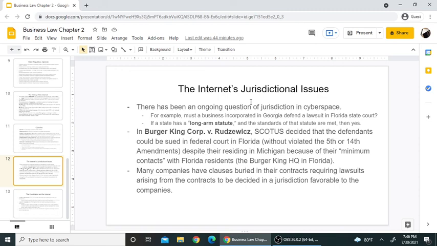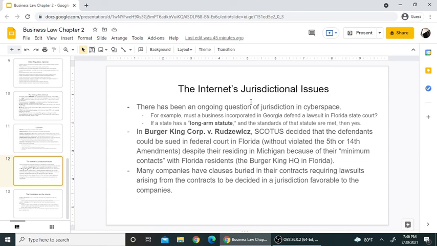So in Burger King Corporation v. Rudzewicz, the Supreme Court decided that the defendants in that case could be sued in federal court in Florida, even though they resided in Michigan, and the only things that they did to interact with Florida residents were getting paperwork and training from the Burger King headquarters in Florida. So even though their business was entirely in Michigan, they still had to defend a lawsuit in Florida's federal court.